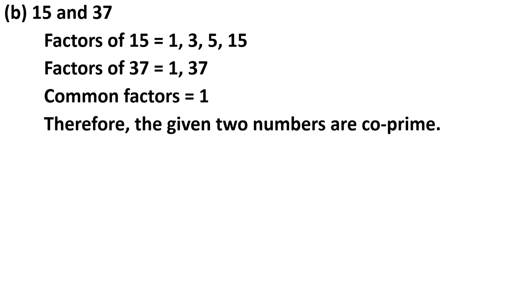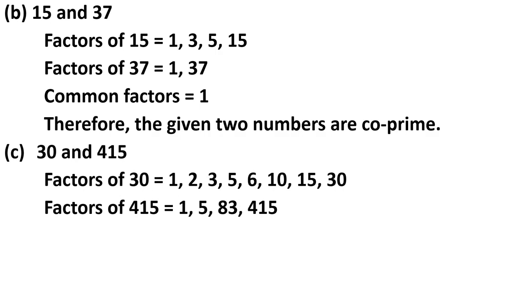See the next C part. 30 and 415. Factors of 30: 1, 2, 3, 5, 6, 10, 15, 30. Factors of 415: 1, 5, 83 and 415.